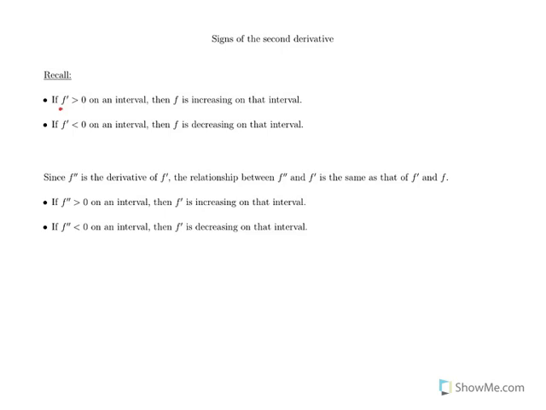So here, instead of writing f prime and f, we're going to write f double prime and f prime. So if f double prime is positive on an interval, then the derivative is increasing on that interval. And if f double prime is less than 0, the derivative is decreasing on that interval. So it's the same relationship, we're just talking about a different function.